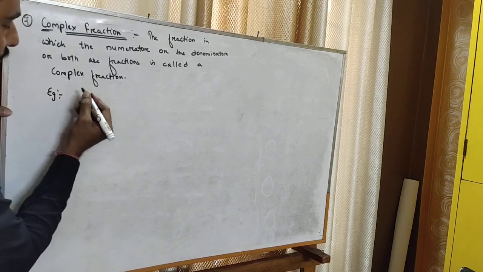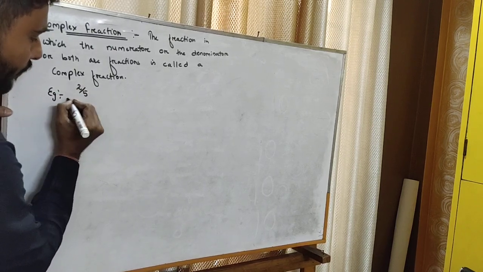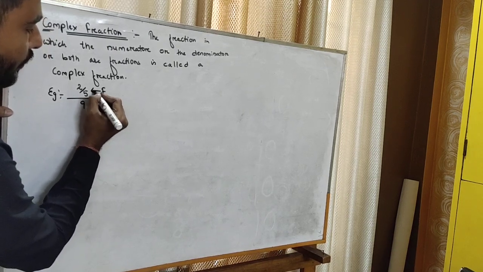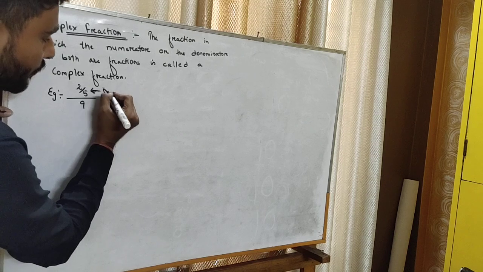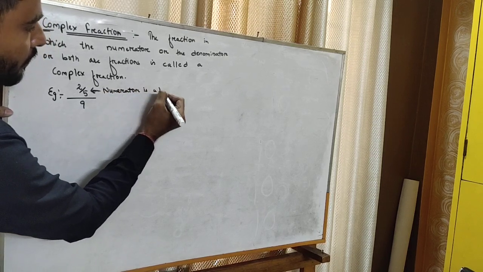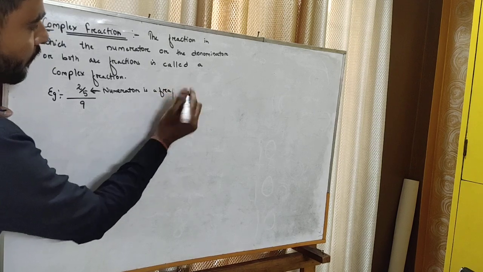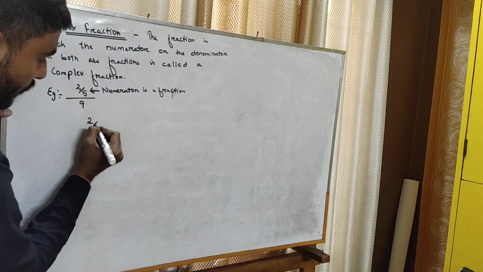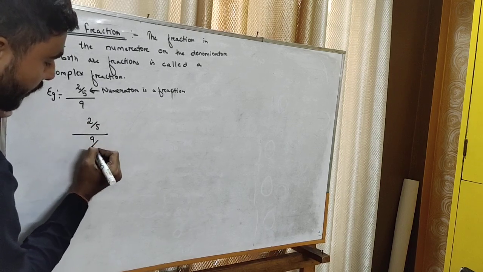Example, 2 by 5 by 9. This is a fraction. You can see the numerator is a fraction. Next example, 2 by 5 and 9 by 4.